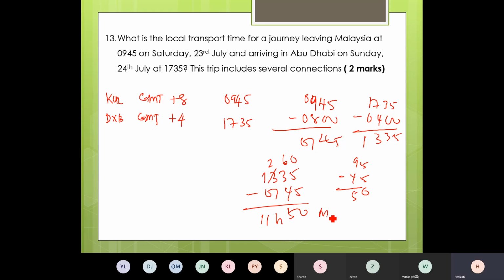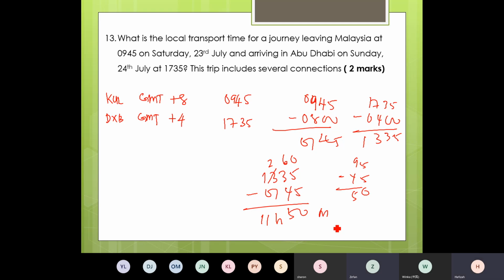Correct or not? Is this what you get? Yes, Miss. 11 hours 50 minutes.